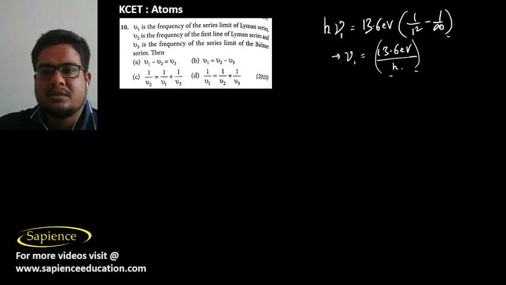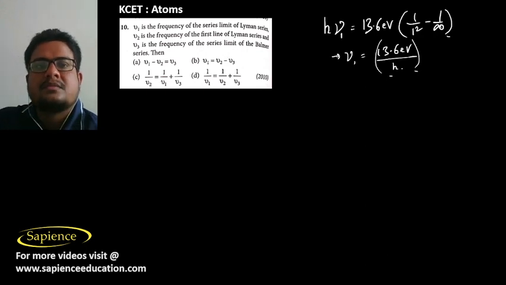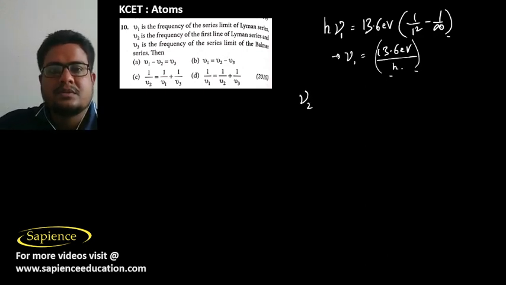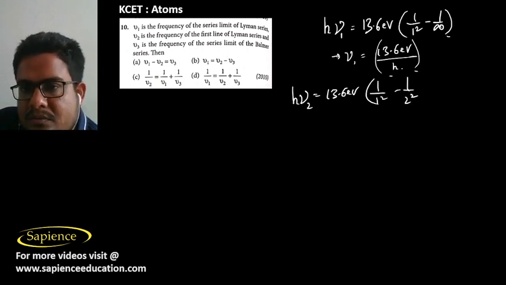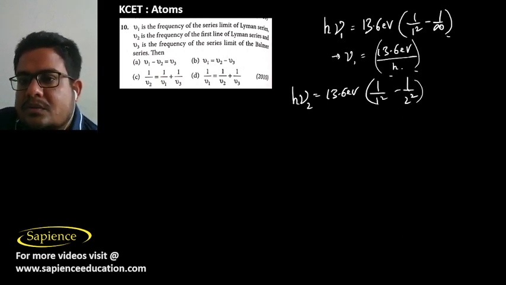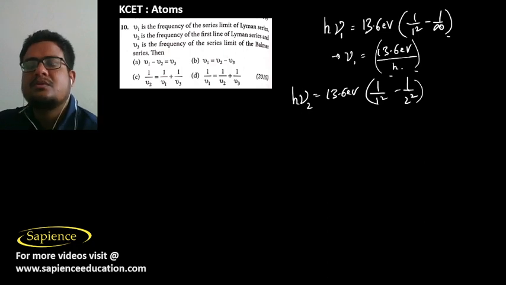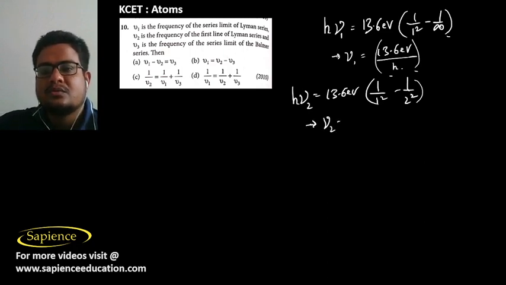And then the frequency of the first line of Lyman, h mu 2, is 13.6 going from n is equal to 2 to n is equal to 1. So this is 1 minus 1 by 4, that is equal to 3 by 4. So mu 2 is equal to 13.6 electron volt with 3 by 4.